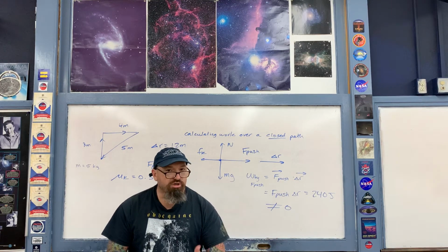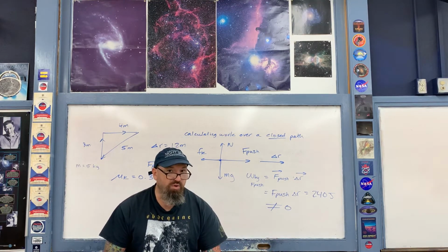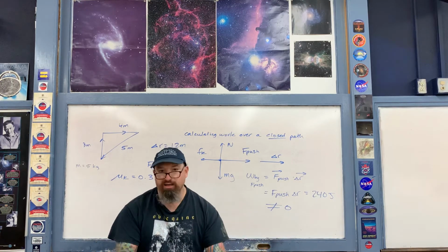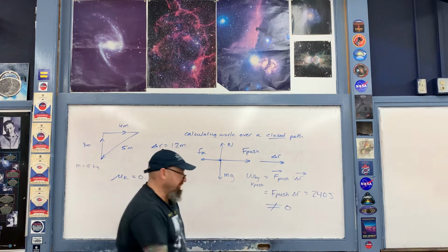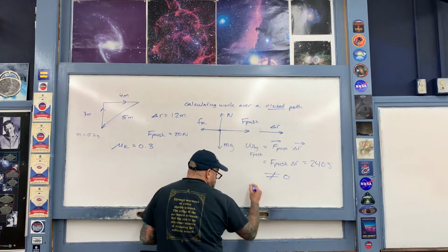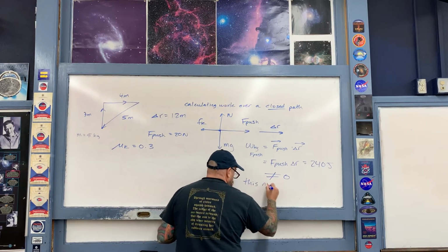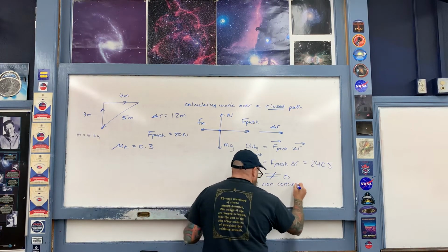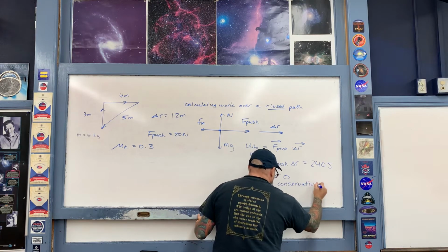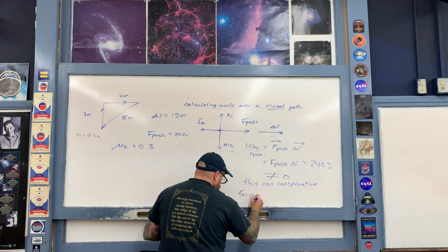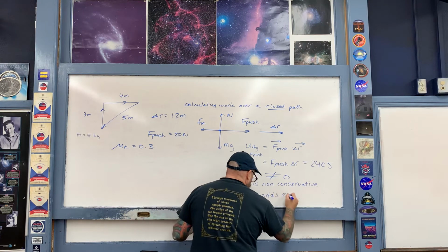So in other words, the chair's total energy is not a conserved quantity. By pushing on it, you're adding energy to it. That's what this statement here says. So this non-conservative force adds energy to the object.